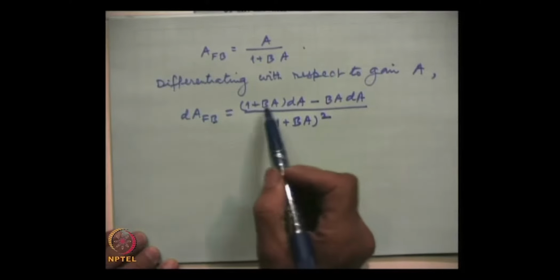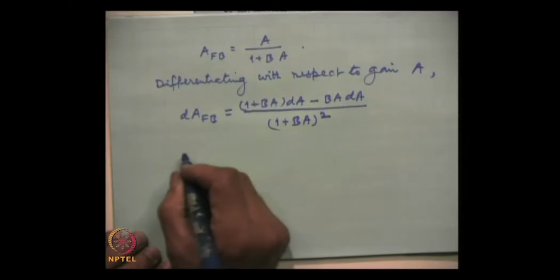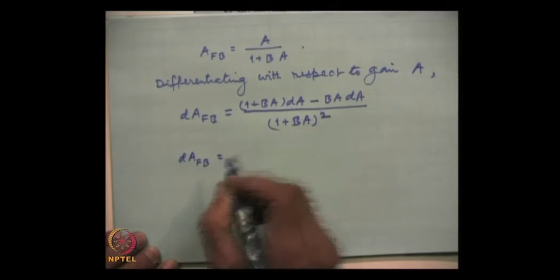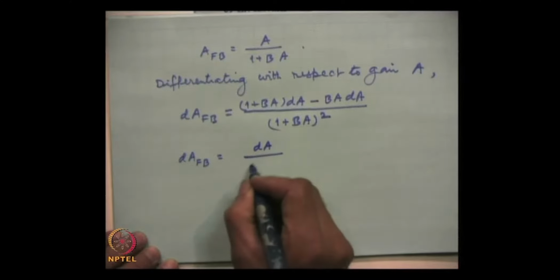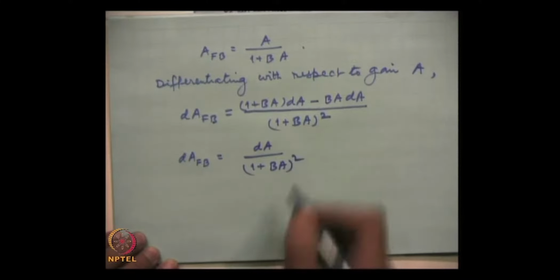which, if we open it, this term cancels and we are left with dAFB equal to dA by (1 plus BA) square.